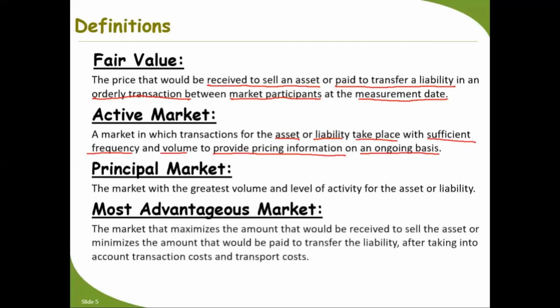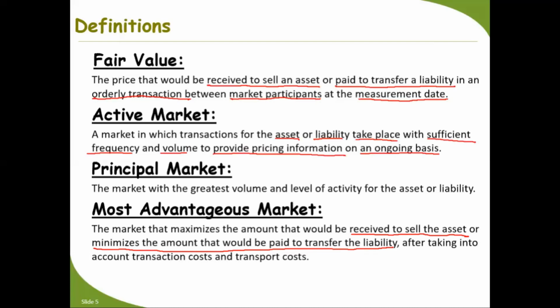The most advantageous market is the market that maximizes the amount that would be received to sell an asset, or minimizes the amount that would be paid to transfer a liability. Now, keep in mind, the most advantageous market is different from the principal market. This is the market used when you don't have a principal market.